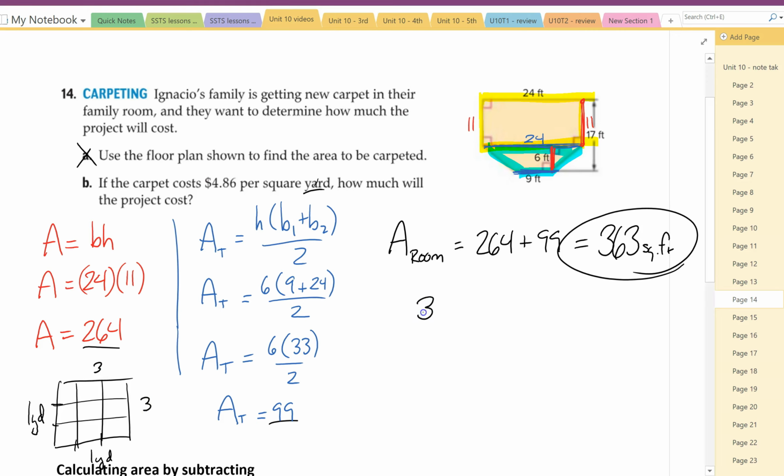So I need to take this 363 and I need to figure out how many square yards it is. Okay, so there are 9 square feet in every square yard. So if I take that 363 and divide it by 9, this will tell me how many square yards I have.